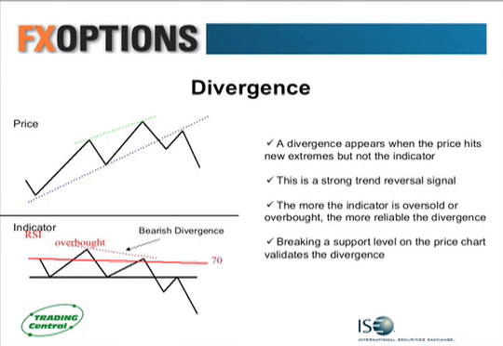So the second peak on the price goes higher. The second peak on the RSI is lower than the first one, and the RSI, during the second peak on price, is overbought, so we have a bearish divergence.